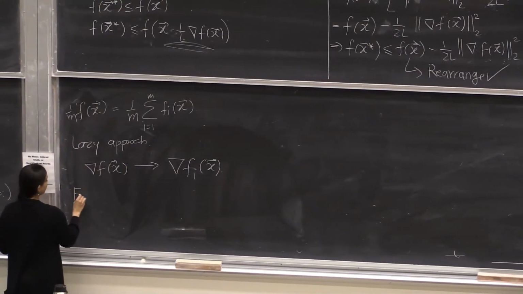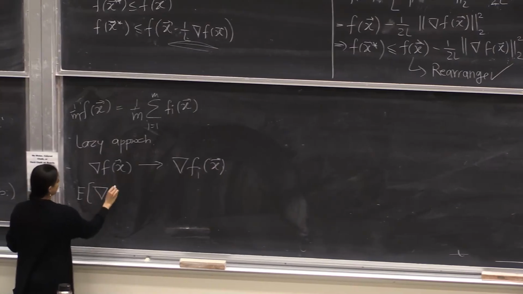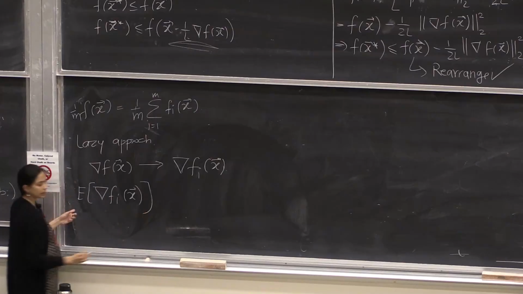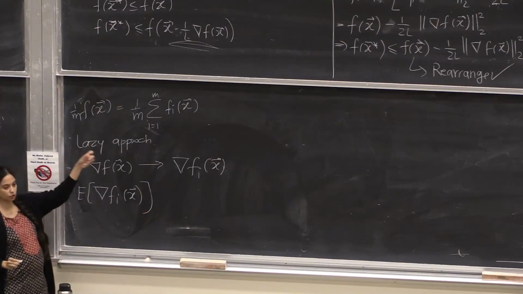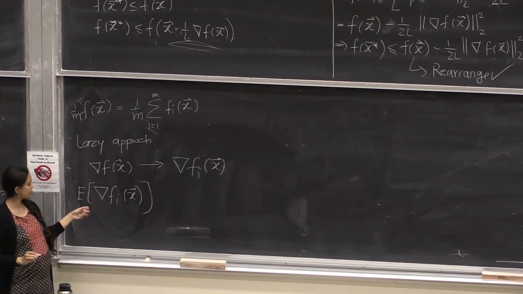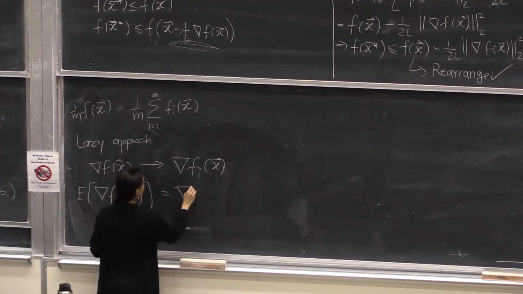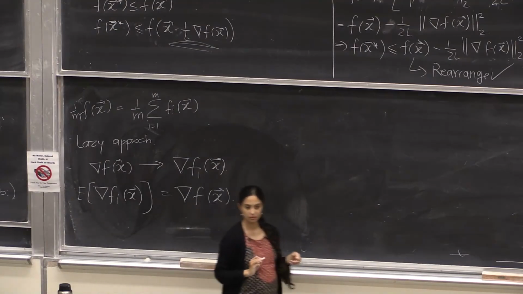In fact, if I look at the expected value of the gradient of f_i of x, in expectation, if I have m different choices, what is the expected value of this? In expectation, this is exactly equal to just the gradient of f of x.